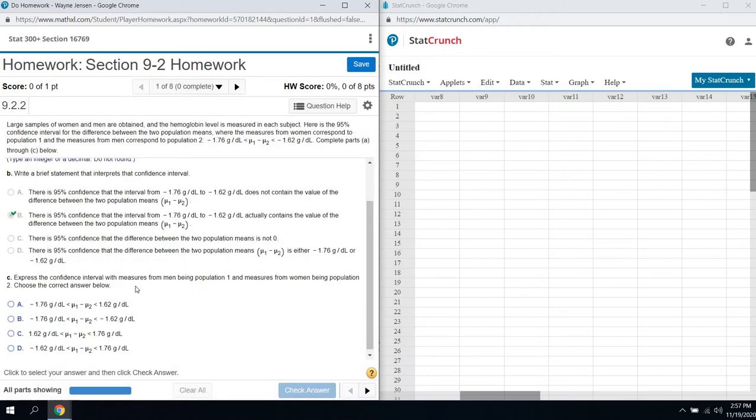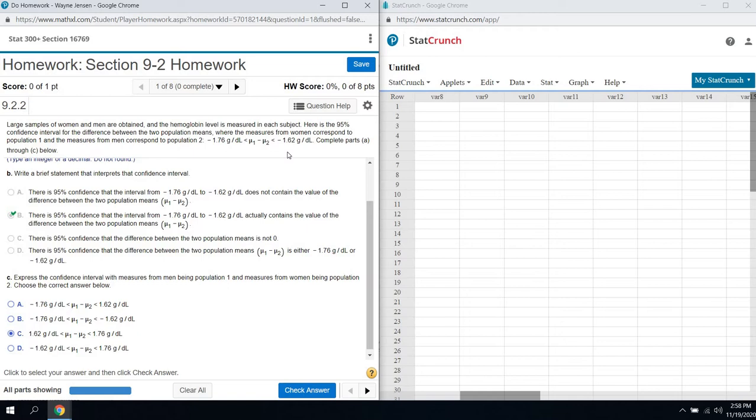Express the confidence interval with men being population 1. So if we switched it from men and women, all that would change is the sign. And so it's going to be positive. And it's going to be this guy right here, positive 1.62 to 1.76. Take a look at the original one where my cursor is, the negative 1.76 to negative 1.62.